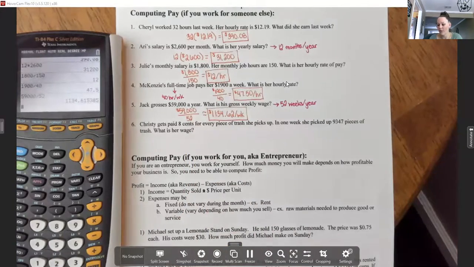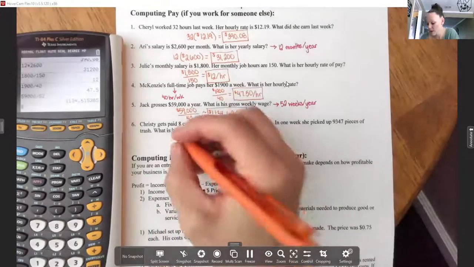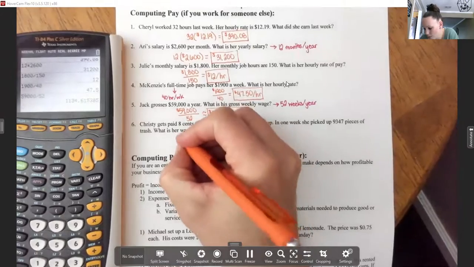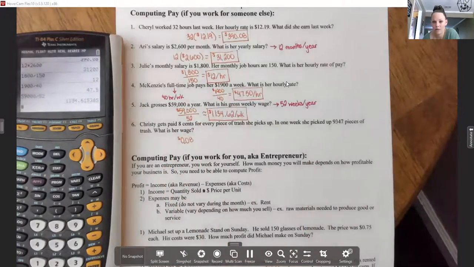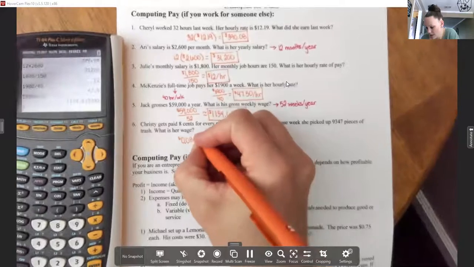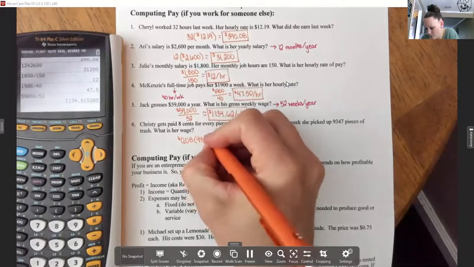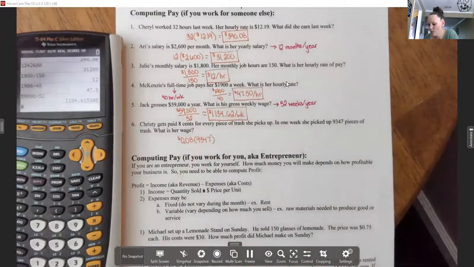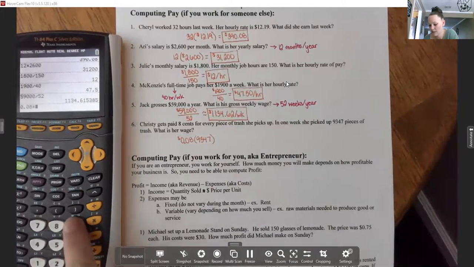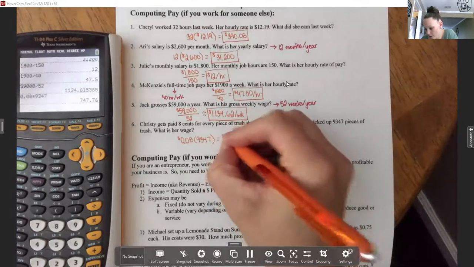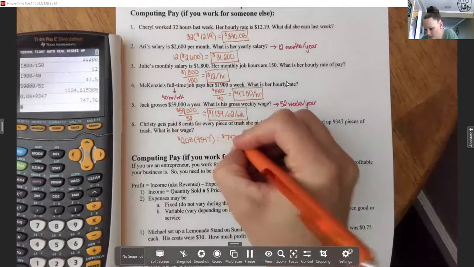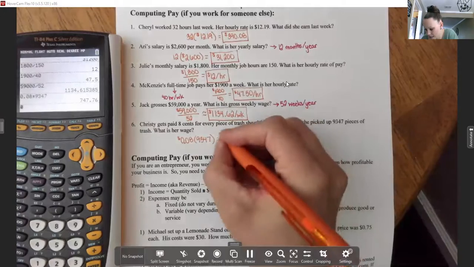I would recommend writing this 8 cents as 0.08 times 9,347. So every 1 piece, and this puts our answer in dollars, $747.76.